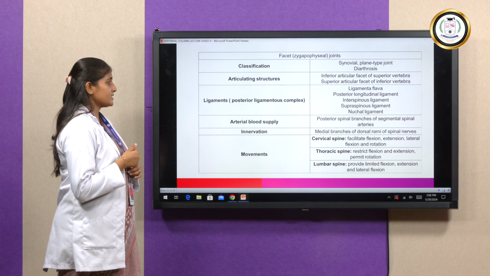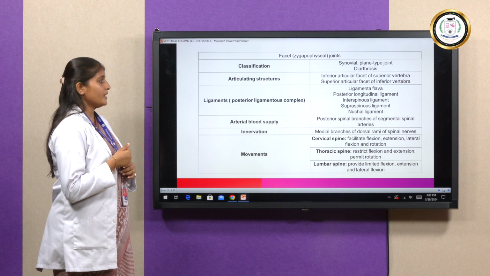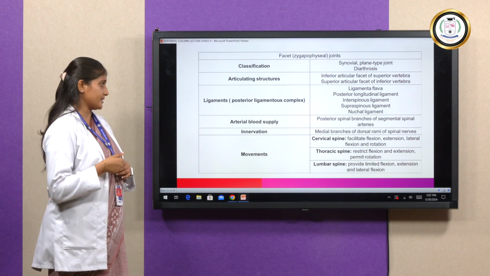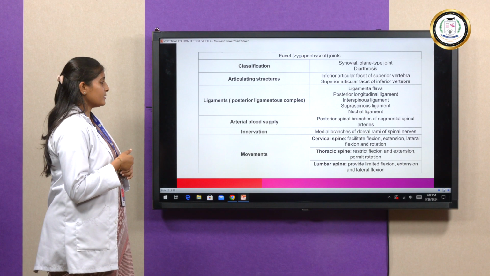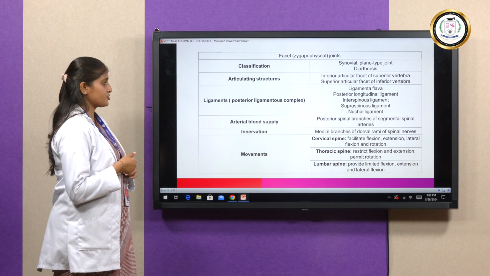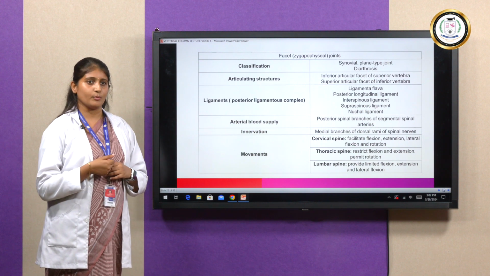And we receive the blood supply from the posterior spinal branch of the segmental spinal arteries, and also the nerve supply from the medial branches of the dorsal rami of spinal nerves. Then come the movements of the facet joint. This facet joint has very limited mobility.